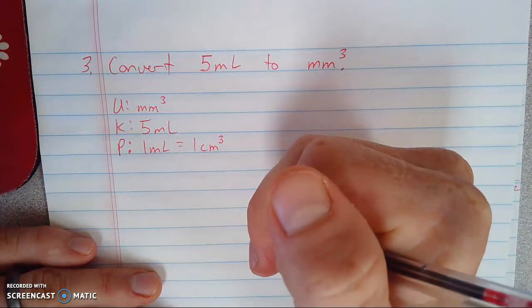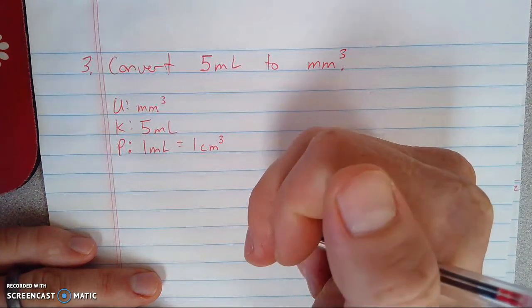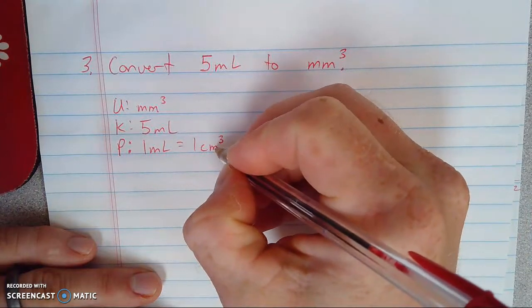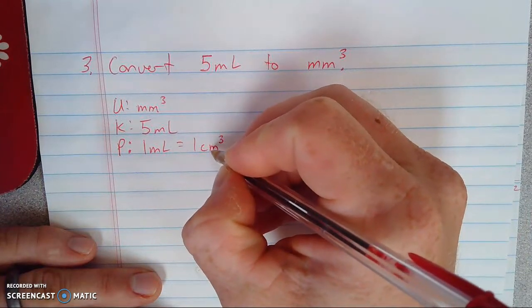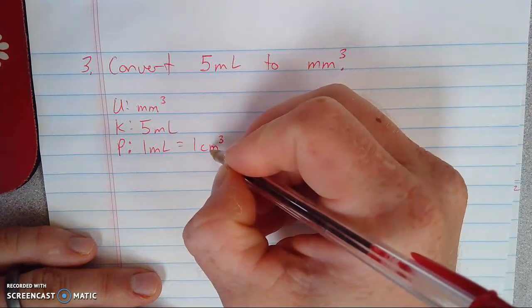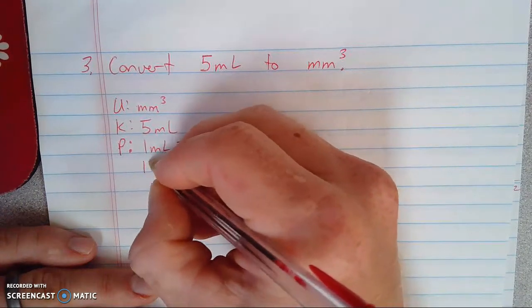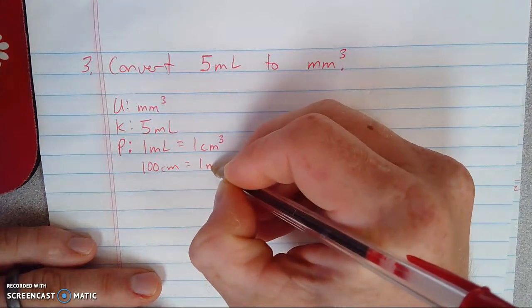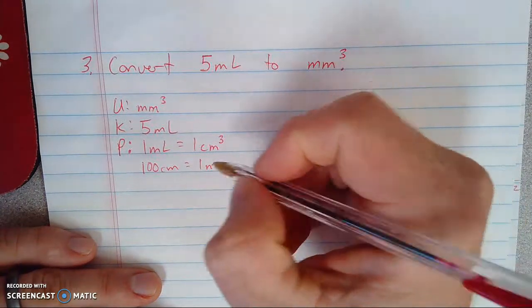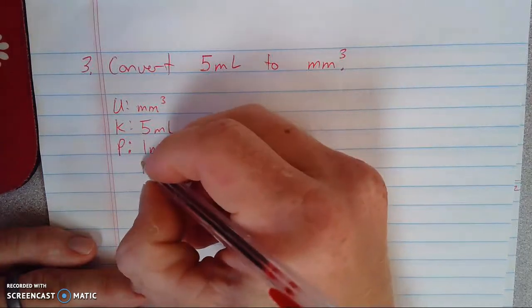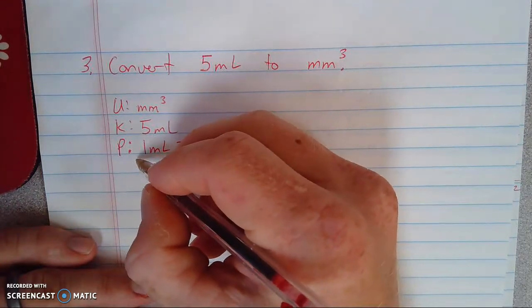Now, let's see, I'll show this in the two-step method. I definitely know the conversion between centimeters and meters. So let me show you that one. 100 centimeters equals 1 meter. But we're working with cubed stuff, so really we're going to need to cube these things.